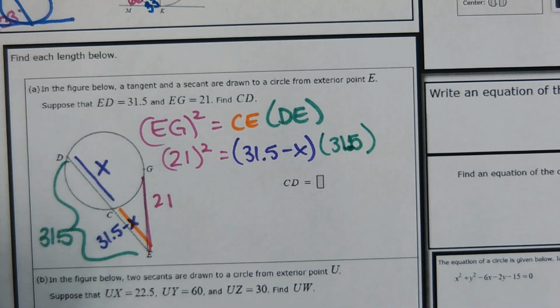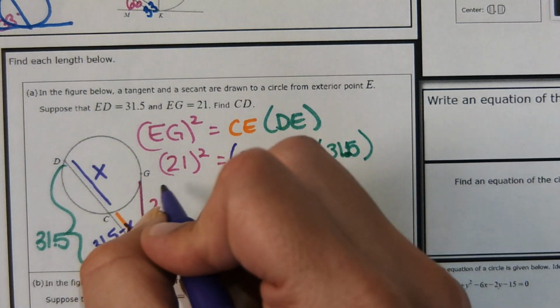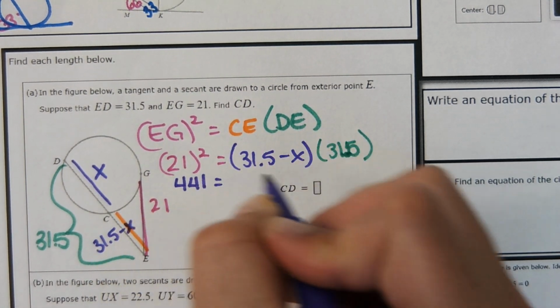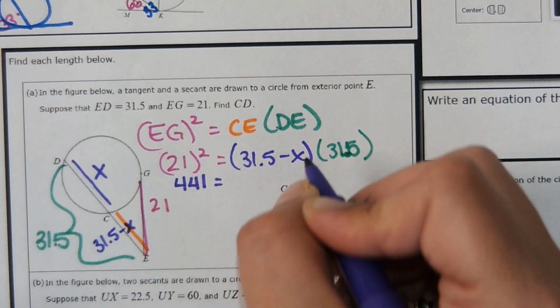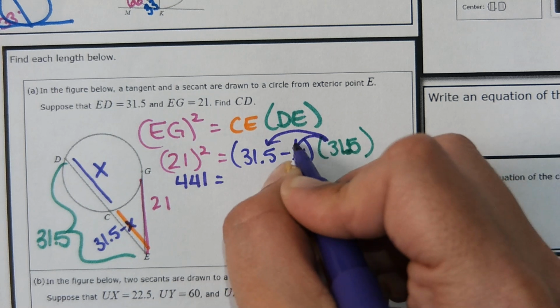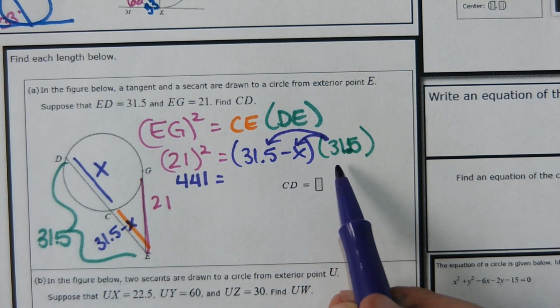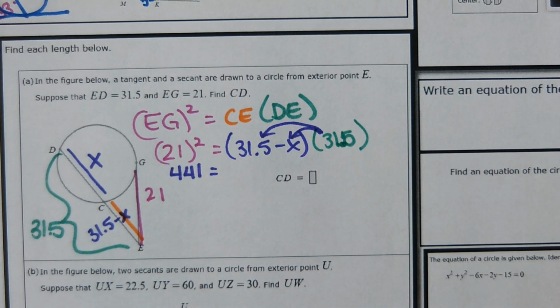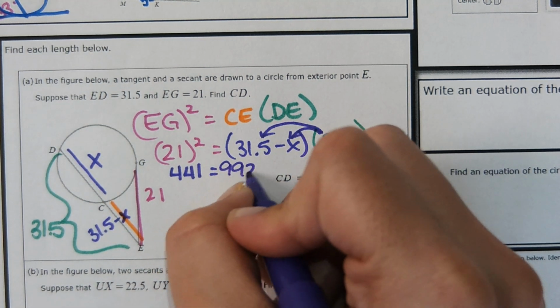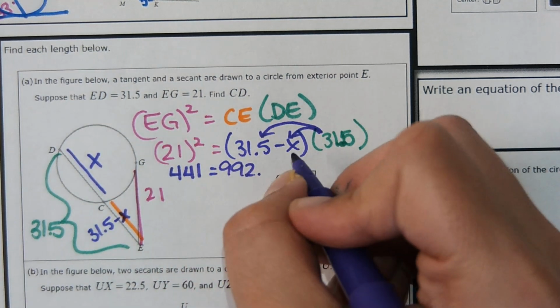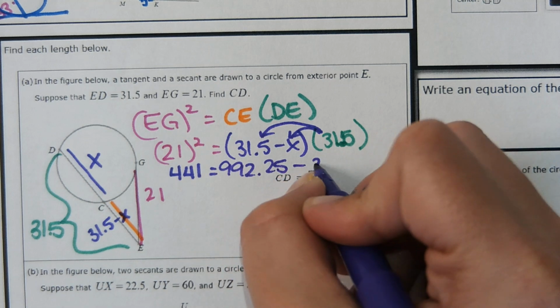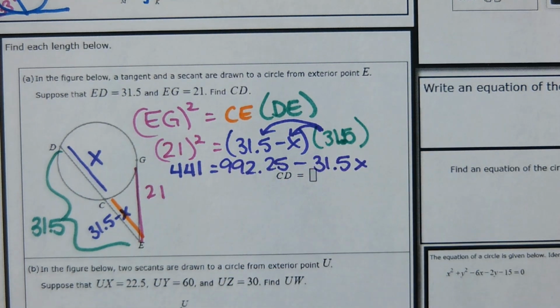And then we solve. So 21 squared is 441. To solve this, you can distribute these to both sides, or you could divide both sides by 31.5 at first. I guess it's up to you. 992.25 minus 31.5x.